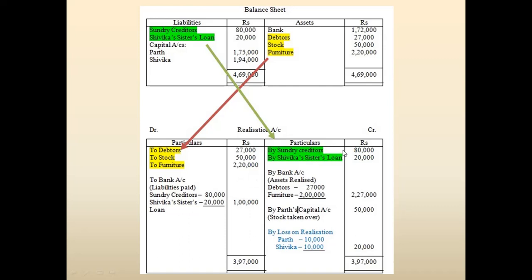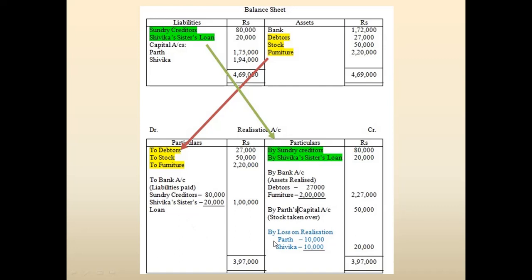Similarly, liabilities can be paid in full, or sometimes at a discount. If the difference appears on the credit side, it is the loss on realization, and if the balance comes on the debit side, it will be the profit on realization.